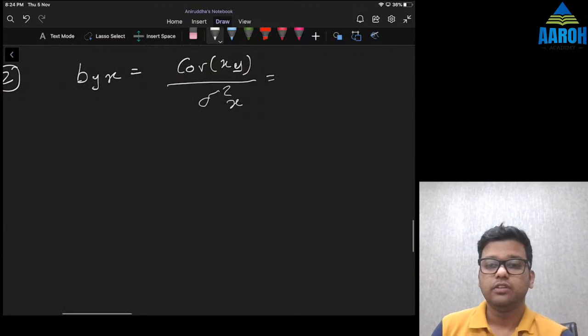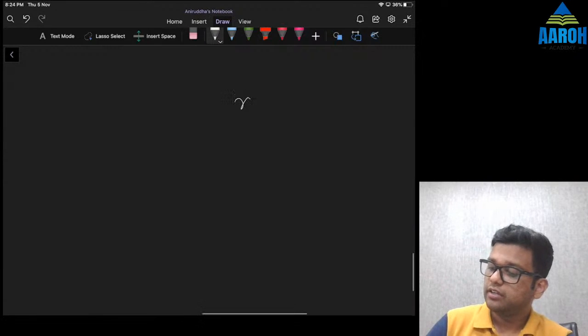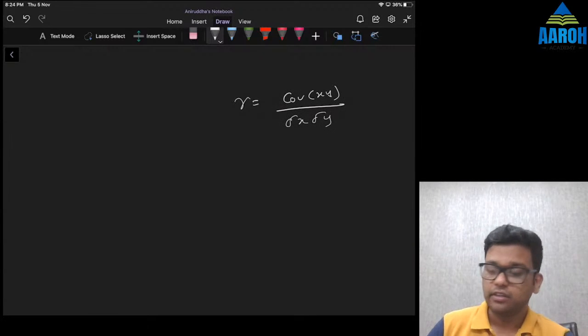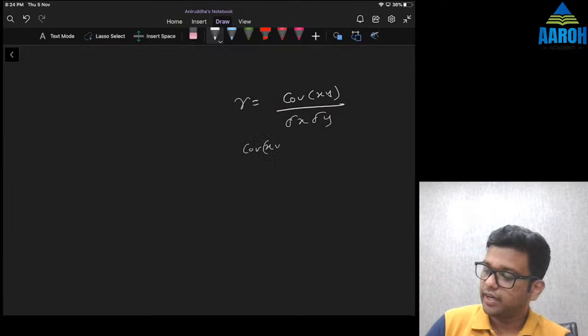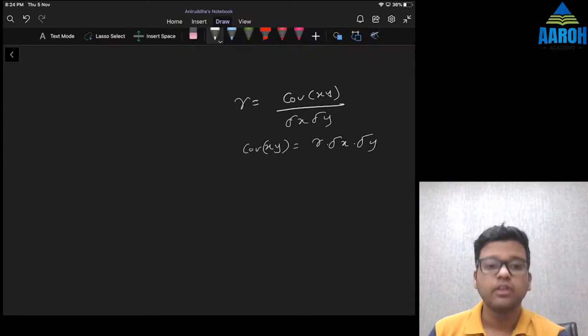But we know that, let me write it somewhere else. We know that R is equal to covariance of xy upon sigma x sigma y. That means covariance of xy will be equal to R into sigma x into sigma y.